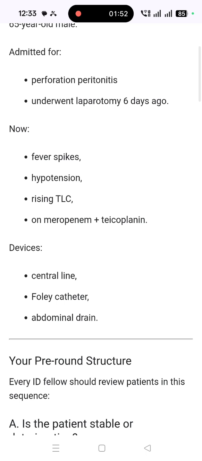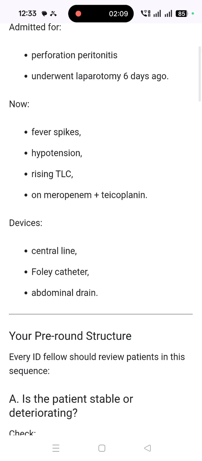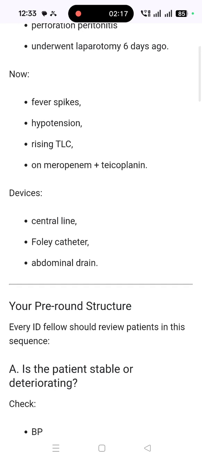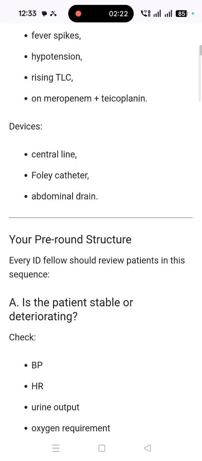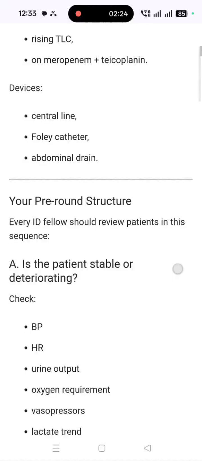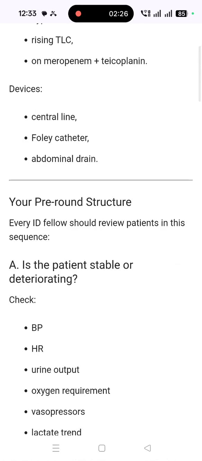So the primary disease was perforation peritonitis, then the procedure was laparotomy 6 days ago, and now he is having fever spikes and hypotension, and all this is in favor of sepsis. Devices, what that person is having, you have to check for that: central line, Foley catheter, abdominal drain. So these three are there.